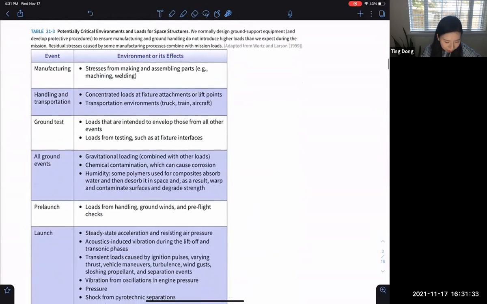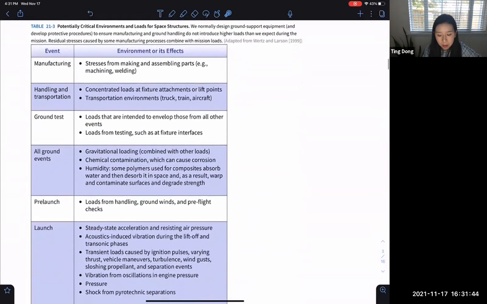And so this is the potential critical environment that a spacecraft structure may experience. So as I said, for our structure analysis, we need to determine a critical environment and a critical component. So what is the most critical situation that your EEV will suffer?